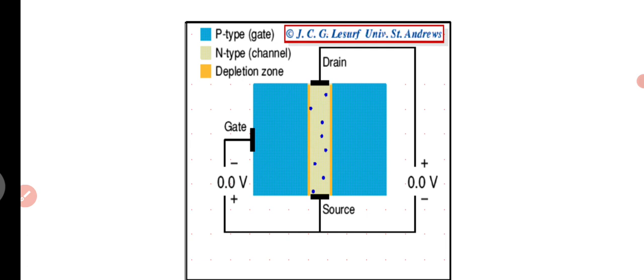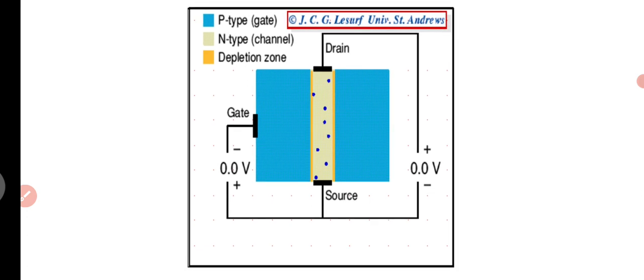So these are the three terminals, gate, source and drain. In case of N channel, drain and source will be connected to the N channel, and the substrate will be connected to another terminal, that will be called as gate.